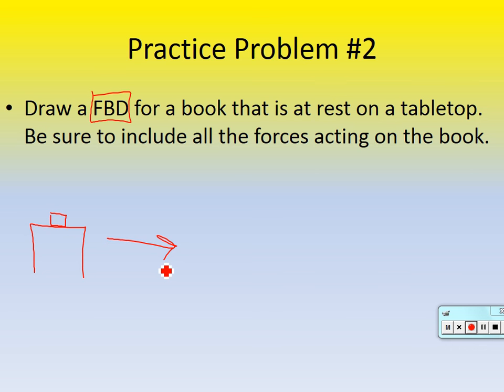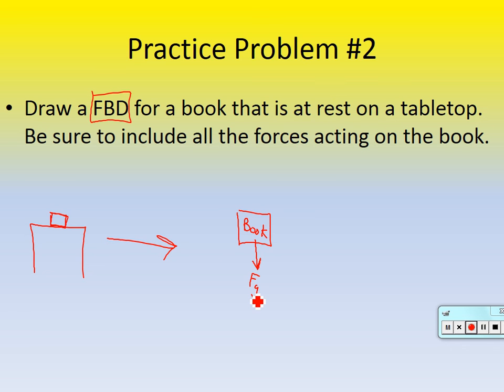What do I draw to represent the book? A box. You can put book in there if you want to. Now let's list all the forces acting on this book. What force is acting down? Gravity. Force of gravity is acting straight down.